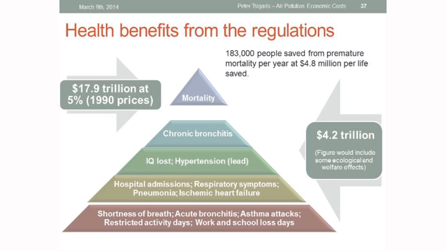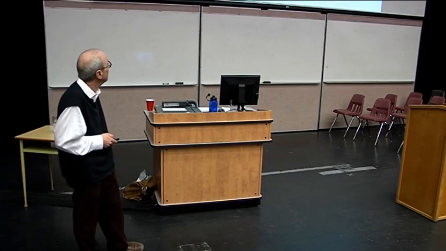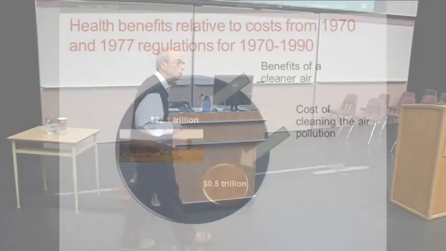Hypertension, hospital admissions, respiratory symptoms, pneumonia, ischemic heart failure, shortness of breath, acute bronchitis, asthma attacks, etc. They amounted to 4.2 trillion. Okay? So what are the costs? Benefits of cleaner air: $22.1 trillion.